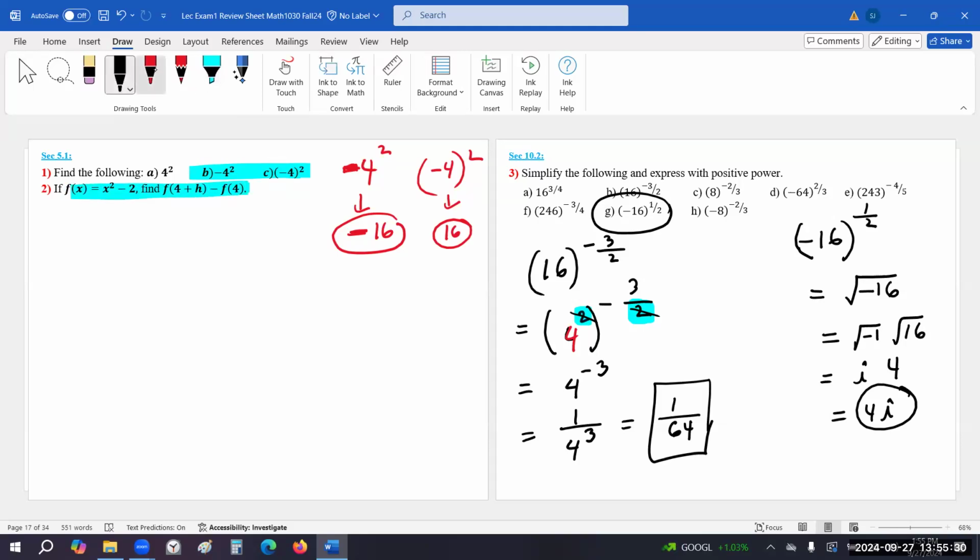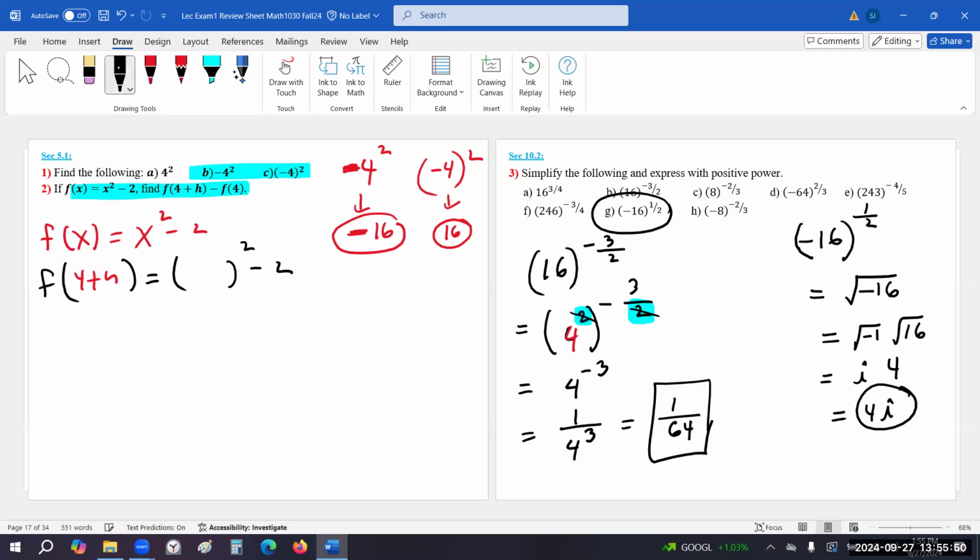Okay. So we have f of x is x squared minus 2. And they want us to find f of 4 plus h minus f of 4. So let's find f of 4 plus h first.